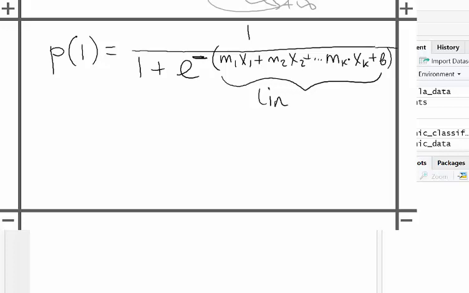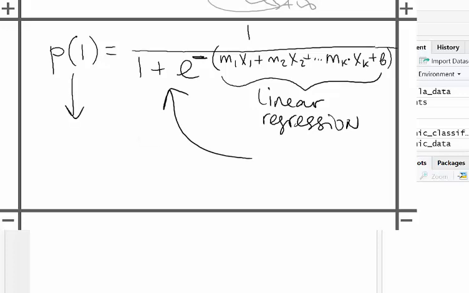Then we feed linear regression into the logistic function, and the outcome is the probability of being a 1, which will be greater than 0 and less than 1. So the final answer out of this expression is a value between 0 and 1, and that's exactly how we're going to classify things.